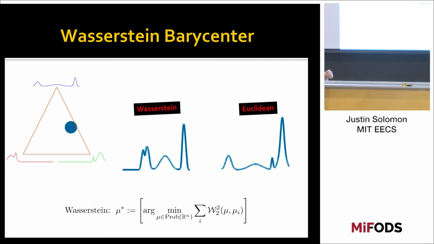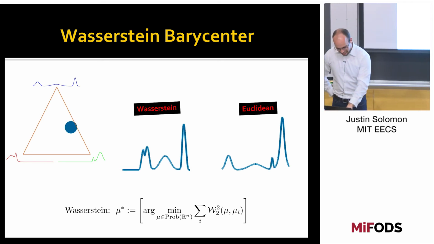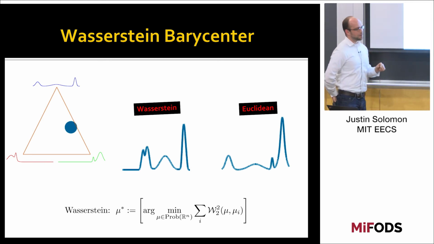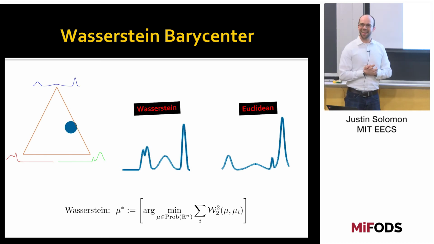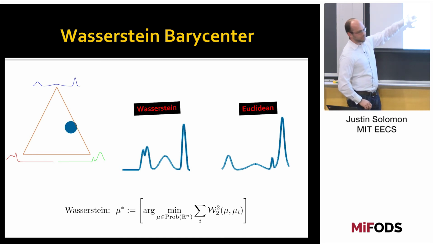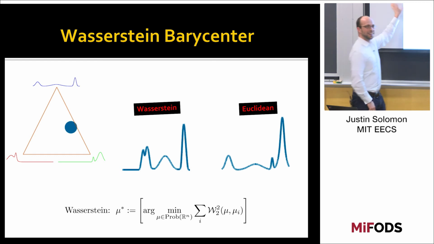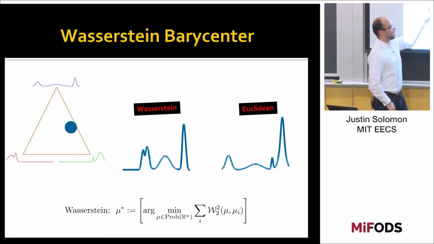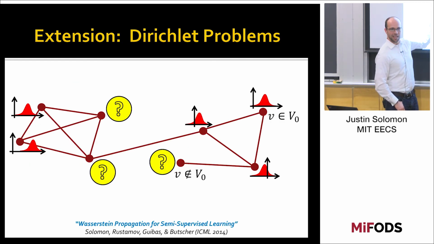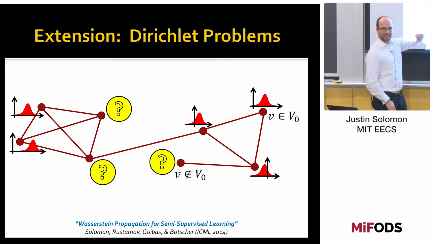There are even more complicated versions of this problem that look like Dirichlet problems in differential geometry. So here I have, for example, a graph, and every vertex of my graph is labeled with a distribution over another domain, right?